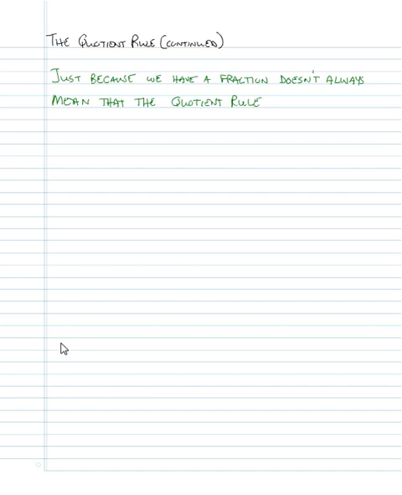Now, sometimes it does mean that, okay? Sometimes if we have a fraction, the only way to find the derivative is with the quotient rule, but not always. So here would be an example of what I mean.